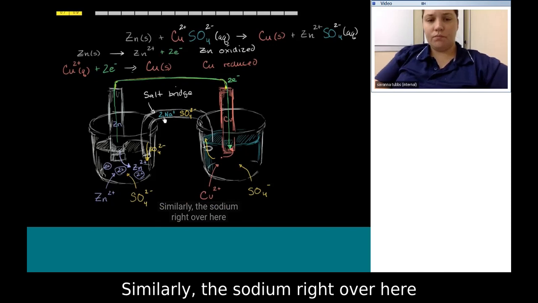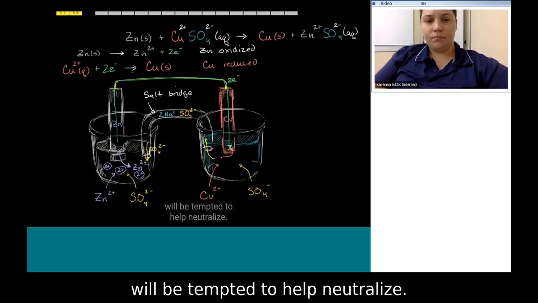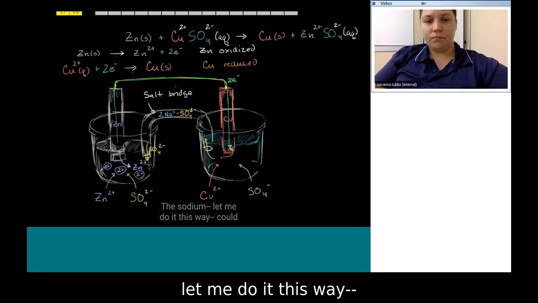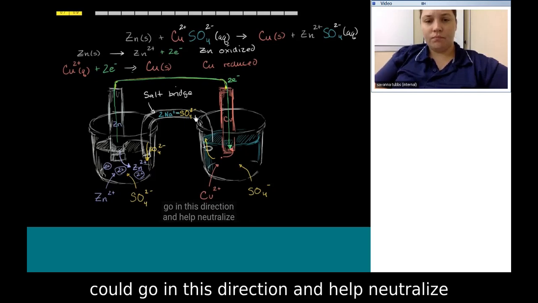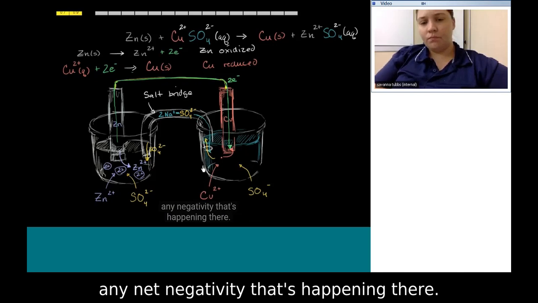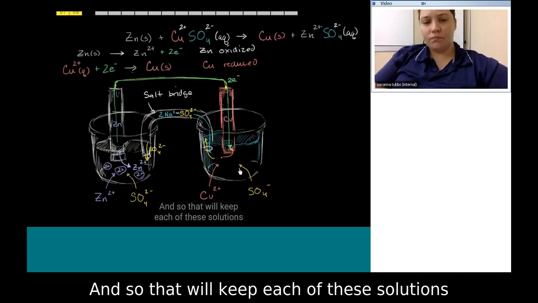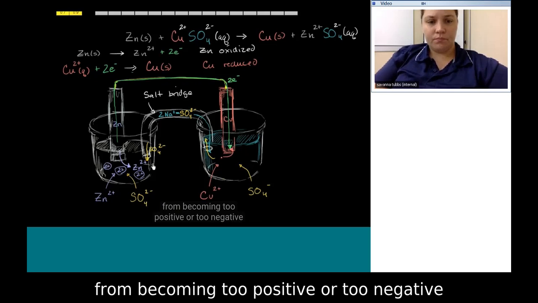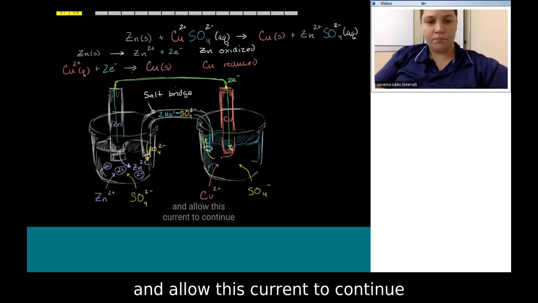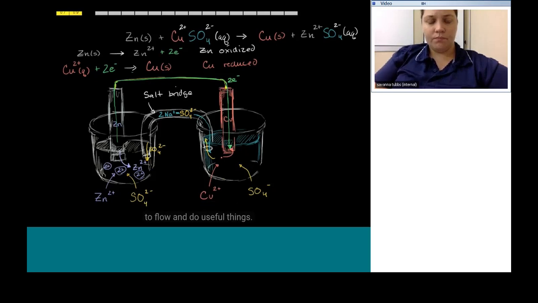Similarly, the sodium could go in this direction and help neutralize any net negativity that's happening there. And so that will keep each of these solutions from becoming too positive or too negative, and allow this current to continue to flow and do useful things.